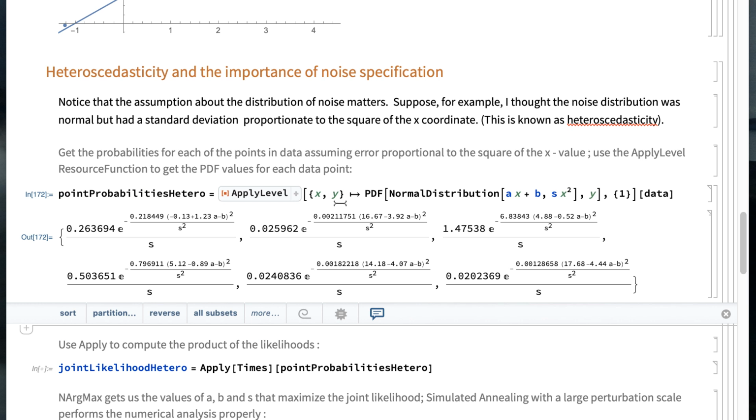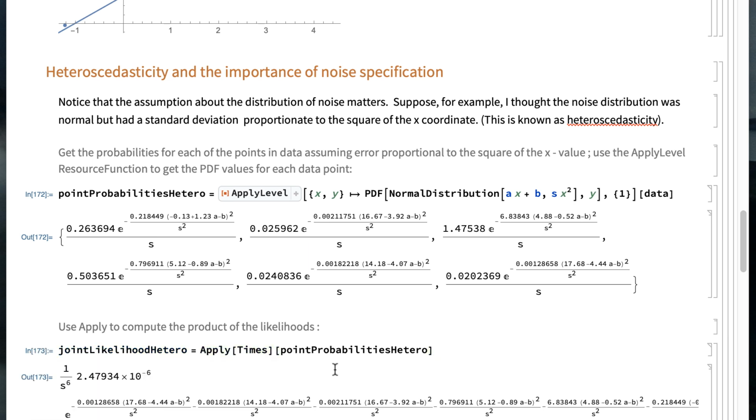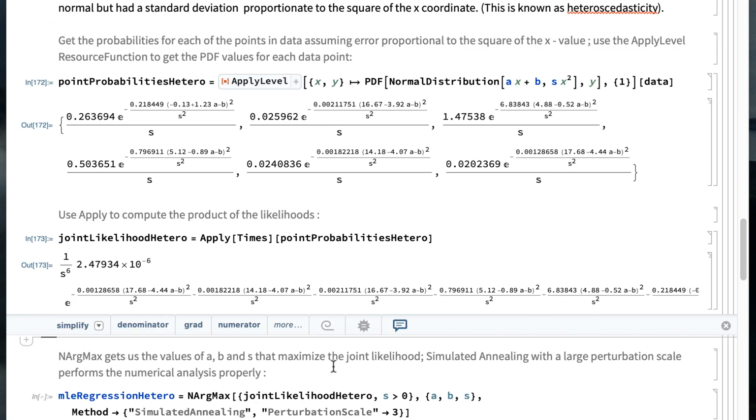So now those are our probabilities or our likelihoods of each individual point occurring given values for A, B, and S. And now we're going to form a joint likelihood by multiplying those probabilities together. We're allowed to do that because we believe that the errors are independent of each other. We get this rather ugly expression.